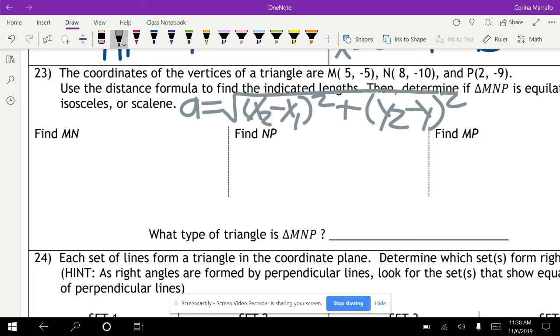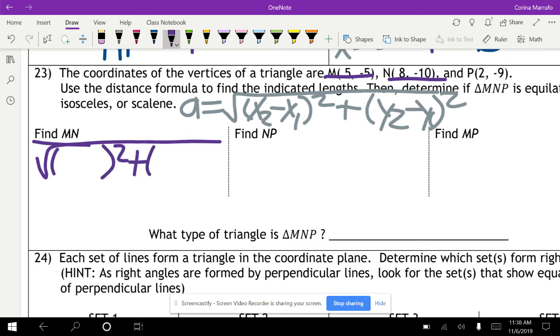So we're going to do the same thing. So they want us to find the distance from M to N. So here's M, here's N. We're going to do the square root. And then we're going to put our parentheses squared plus parentheses squared. And so in our parentheses, first we're going to subtract the x values. So it'll be 8 minus 5. On the next one, it's going to be -10 minus a -5.